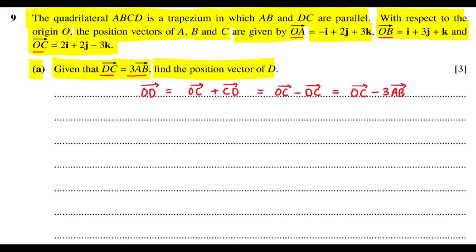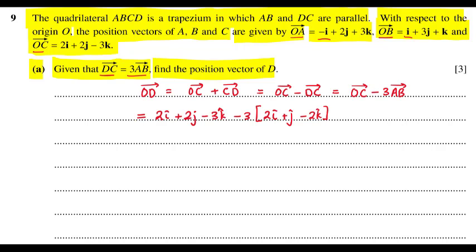Now we will find AB vector. OC vector is 2i cap plus 2j cap minus 3k cap, and minus 3 times AB vector. AB vector means OB minus OA, the position vector of B minus the position vector of A. So i minus (-i) becomes 2i cap, 3j minus 2j is plus j cap, and k minus 3k is minus 2k cap.